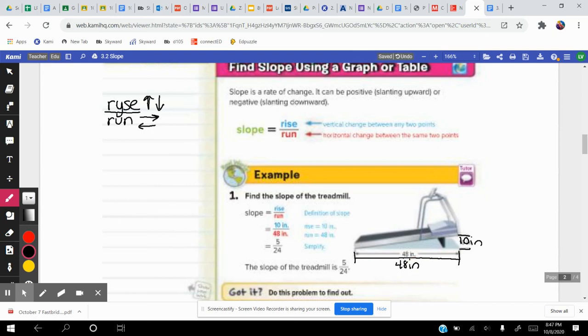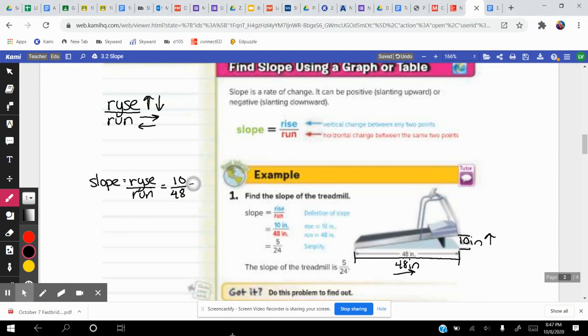So if I use the formula for slope as being the rise divided by the run, well, a treadmill rises up 10, as we can see over here, and it goes to the right 48, so that's our run. So 10 divided by 48.